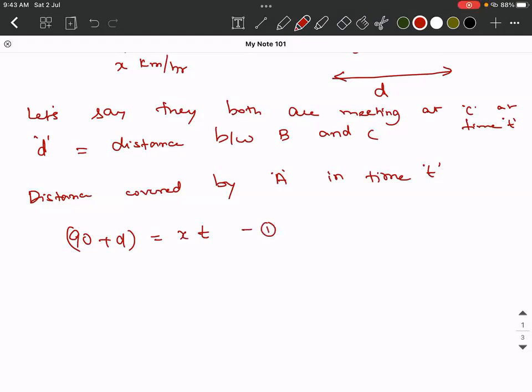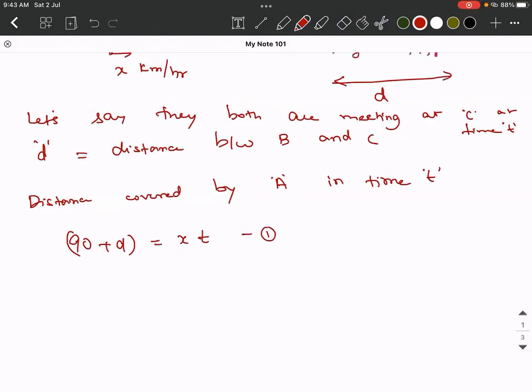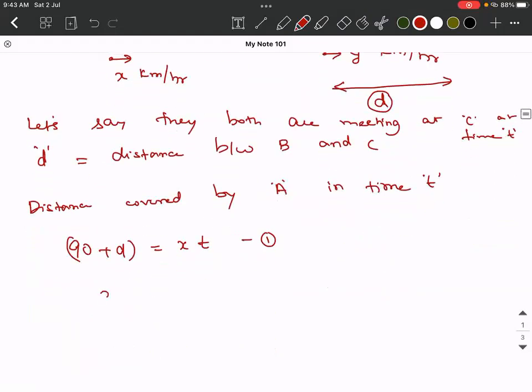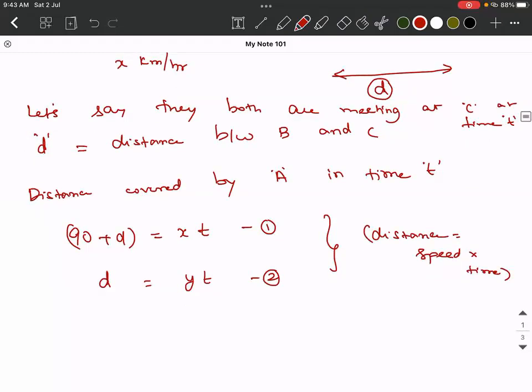What is the distance covered by the car which started at B? It is d. So d is equal to y into t. Why did I use this? Because distance is equal to speed into time. So when d is yt, take this and substitute it here.